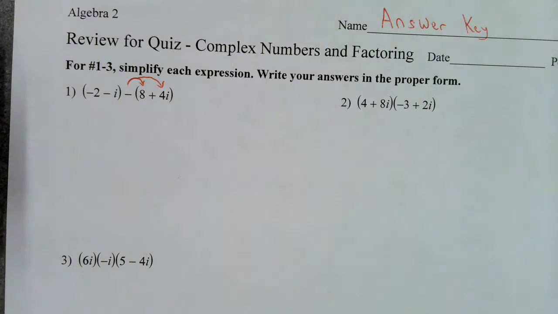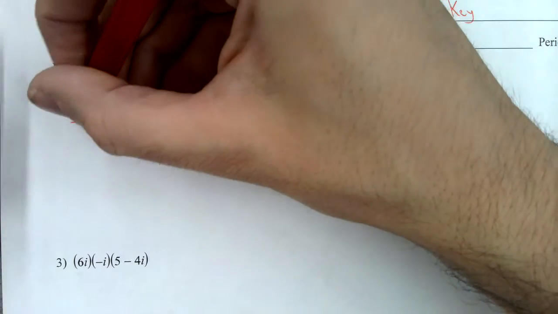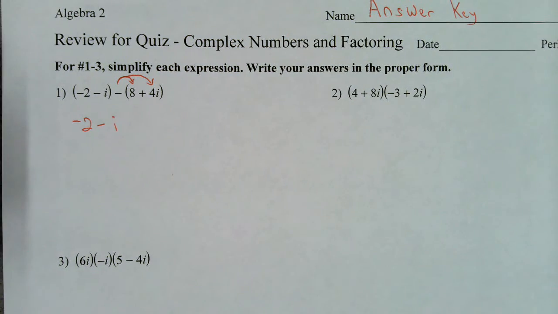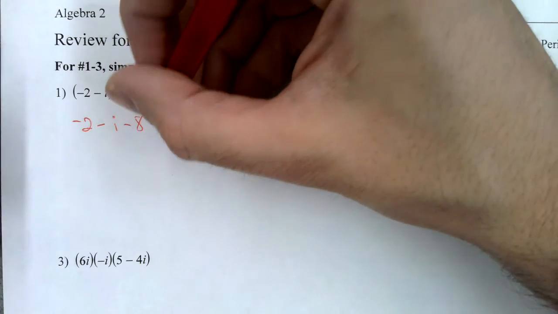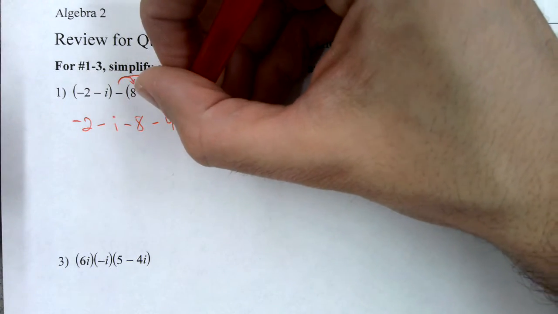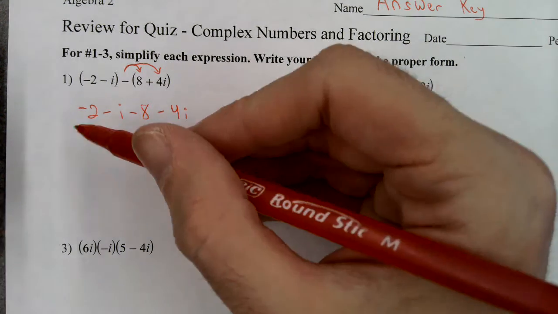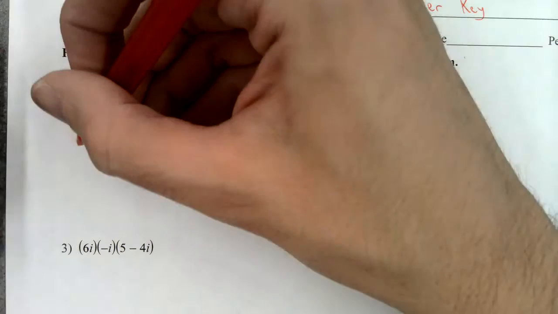So this is going to become -2 minus i minus 8 minus 4i. Okay, and now at this point, it's just combine numbers and then combine the parts with the i's and write it in the form a plus bi. So we have -2 minus 8, that's -10.